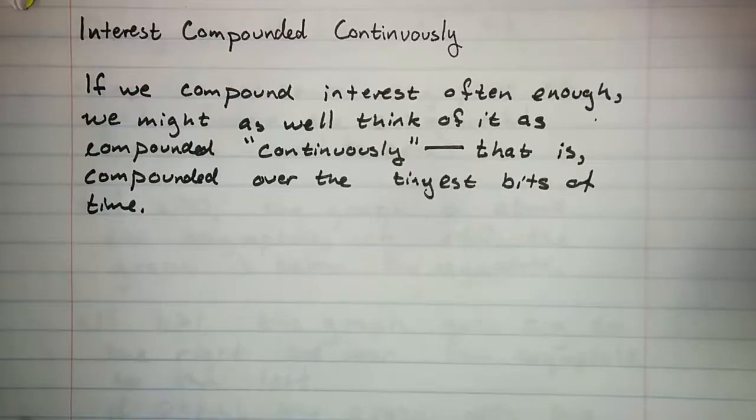And it turns out, because of the relationship that the number e has with the compounding formula, that we have a strange looking but actually related formula that gives interest compounded continuously.